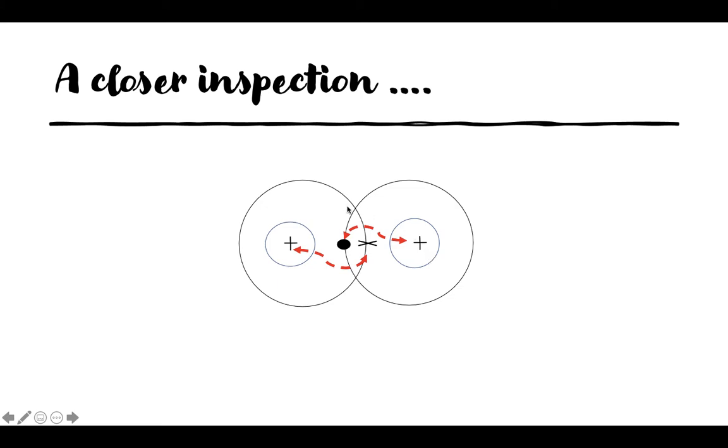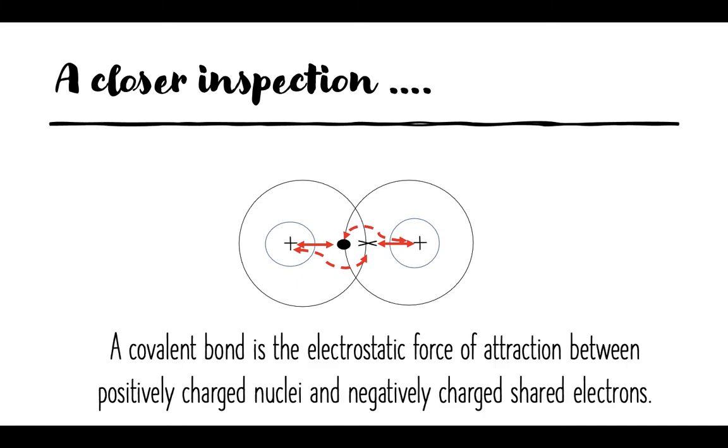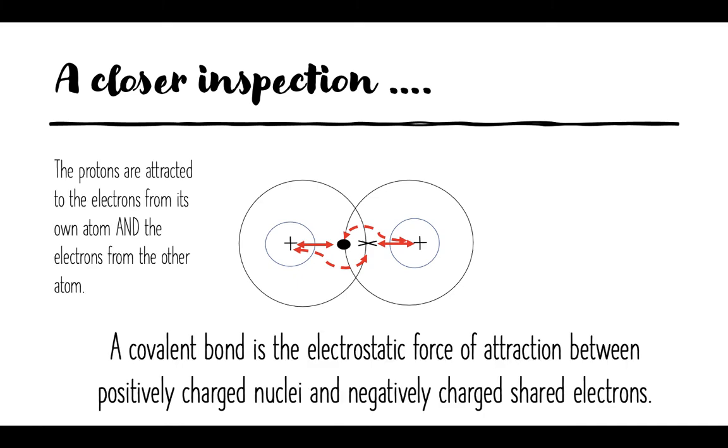So each nucleus, each proton, is attracted to its own negatively charged electron. However, it is also attracted to the other atom's electron. So, the protons are attracted to electrons from their own atom and electrons from the other atom.